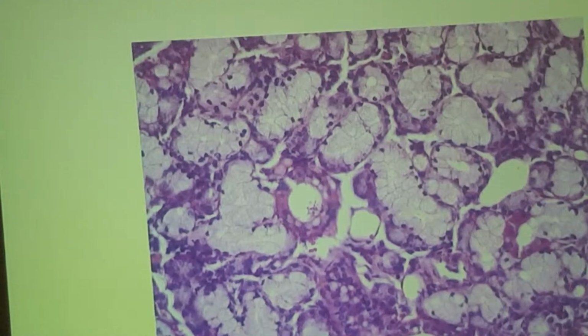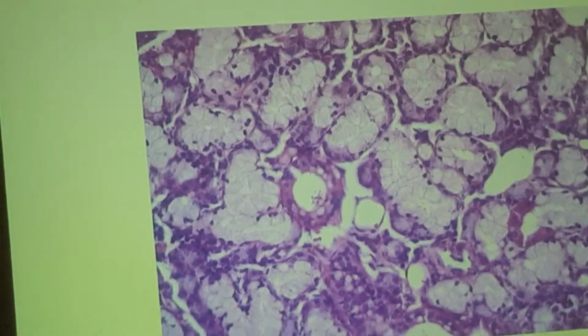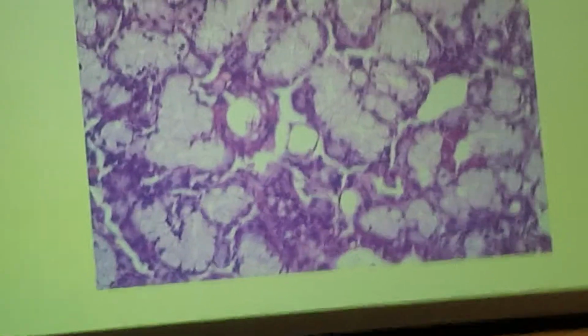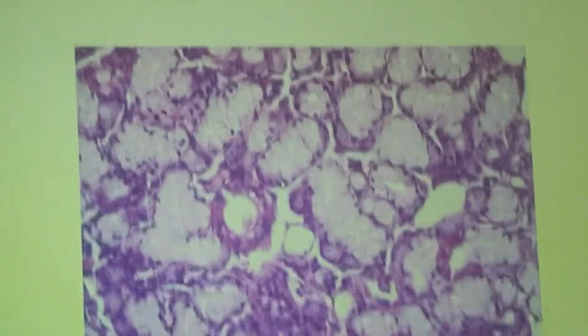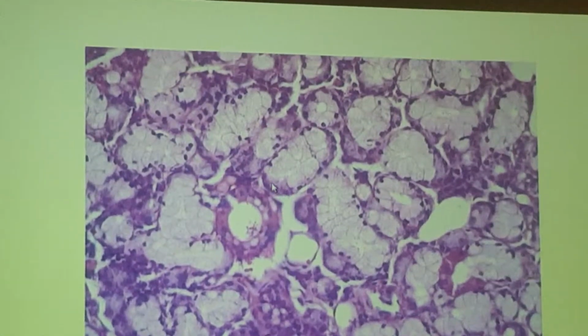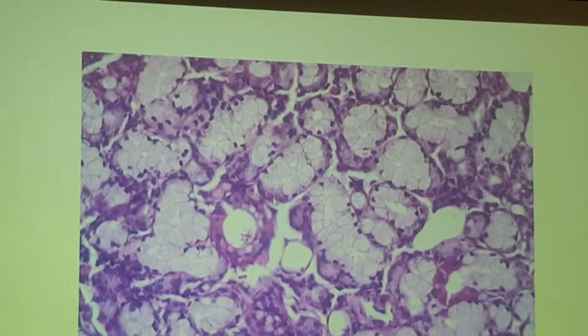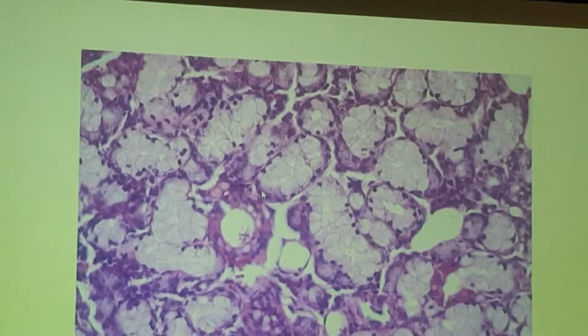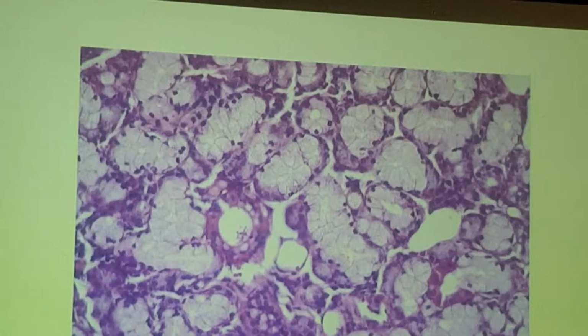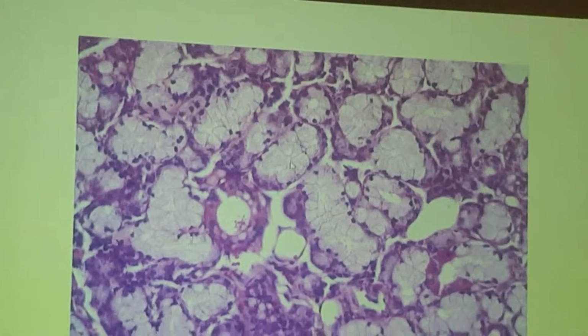Number 20, identify the organ, sublingual gland. 21, I pointed here to help you maybe identify the organ. Here, I asked you to identify the structure. That's a serous demilune sitting on the surface of this mucous acinus right here.